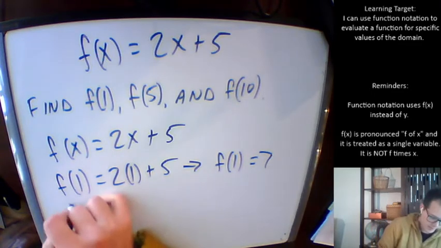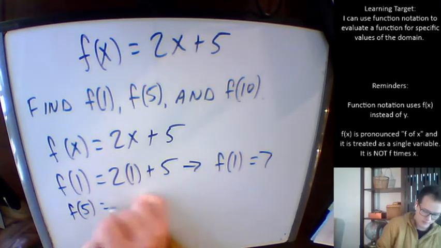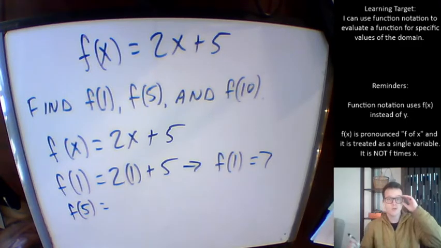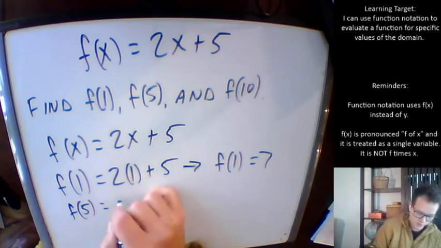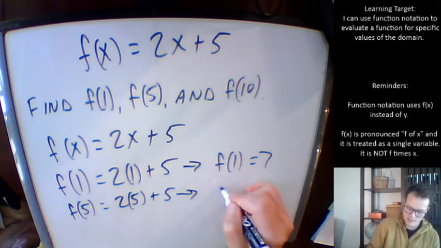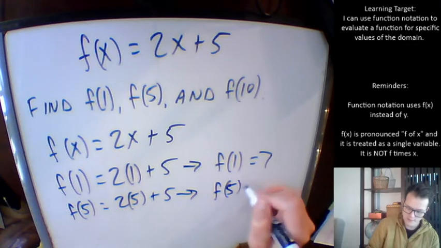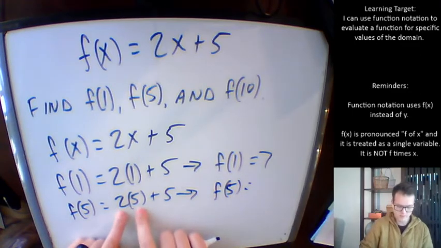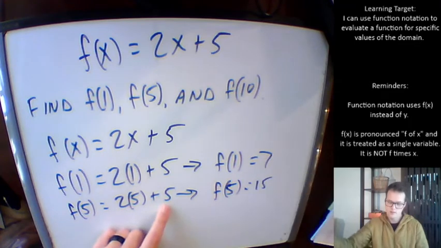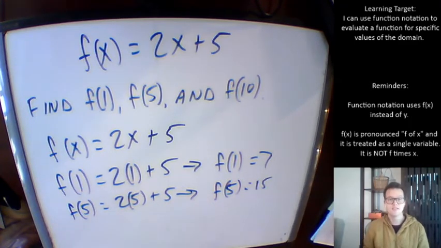Okay, let's look at f of 5 now. This is the same sort of thing, but instead of plugging in 1, we're going to plug in 5. So we'd say 2 times 5 plus 5, and then we learn that f of 5 equals, let's do the math here, 2 times 5 is 10, 10 plus 5 is 15. So f of 5 is 15.